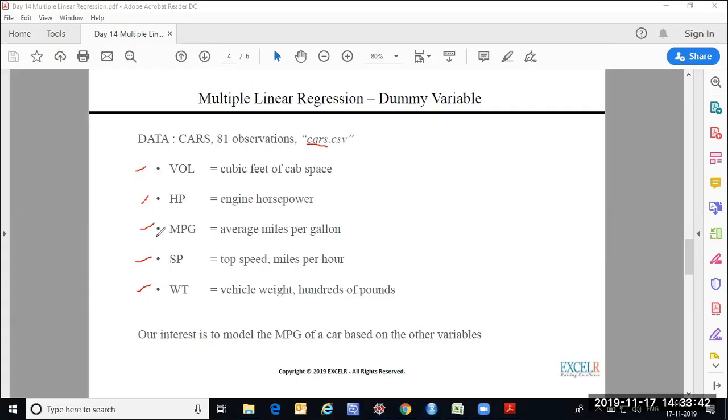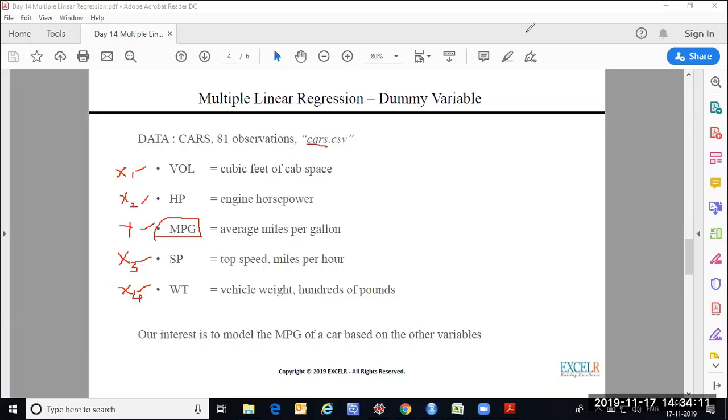MPG, mileage per gallon, is the output variable. So this is our Y. And these are X1, X2, X3, and X4. Right?